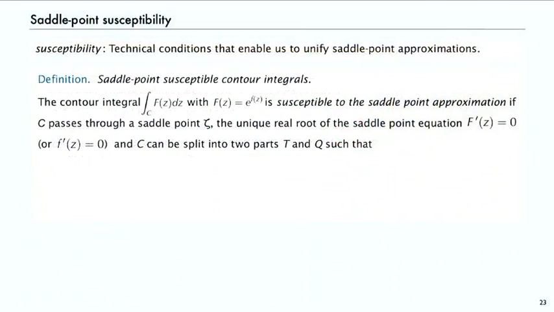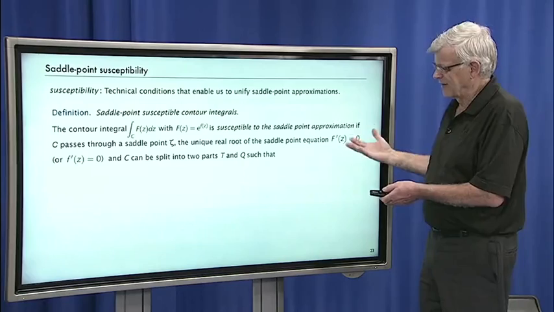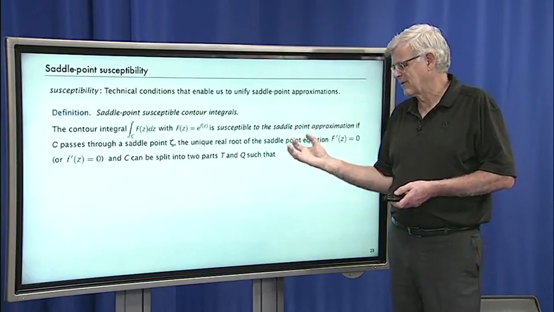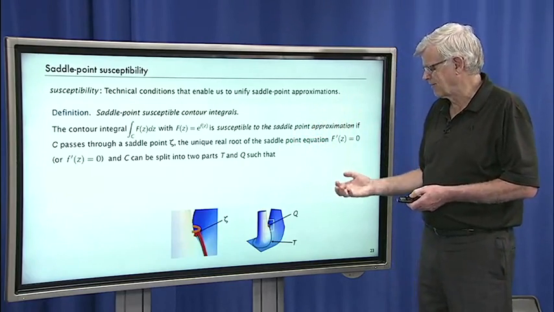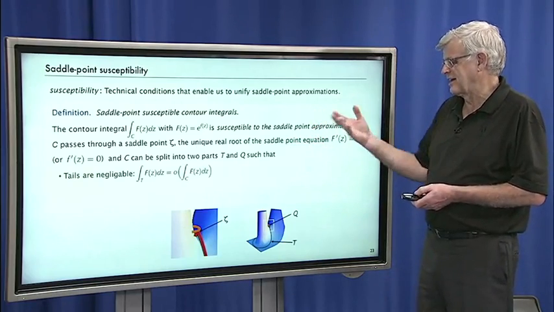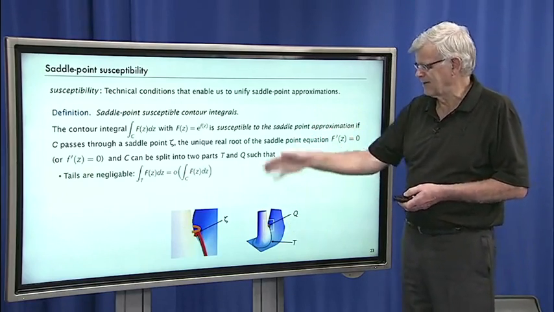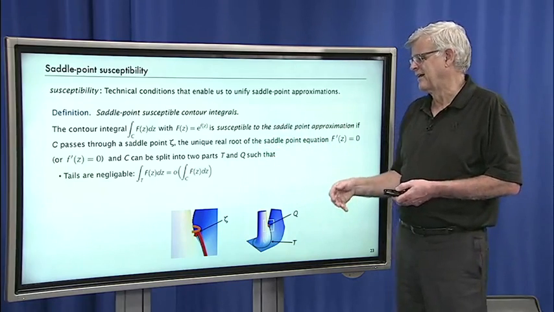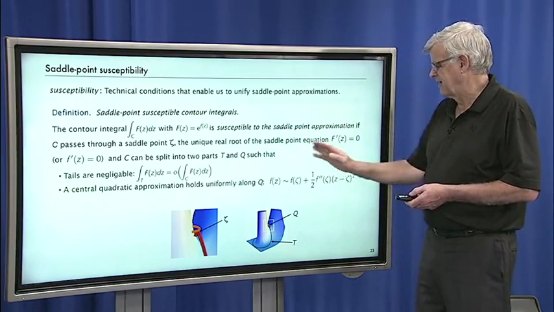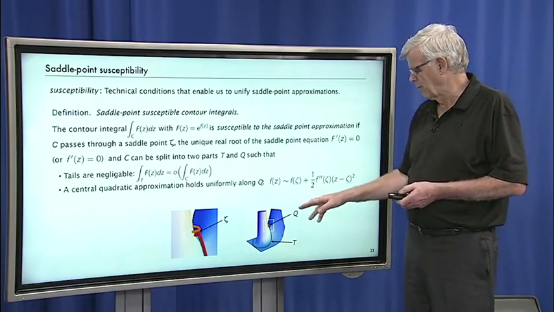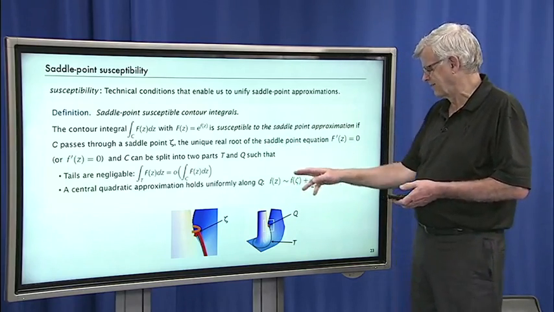All it is really is some kind of formal statement that this process is going to work, so that you can find the saddle point, that's the root of the saddle point equation, and the curve can be split into two parts such that the tail part is negligible, and the part that's not negligible is the saddle point.